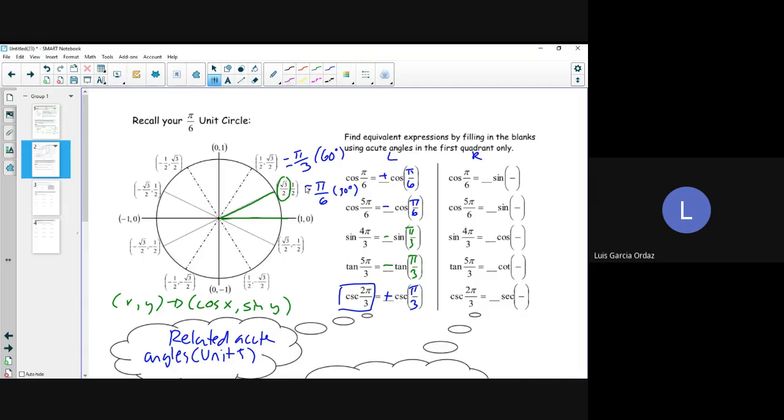So using your special triangles, what angle gives us sine root 3 over 2? Pi over 3. Which is right there. So cos of pi over 6 is equal to positive sine pi over 3. You did this in grade 11, right?